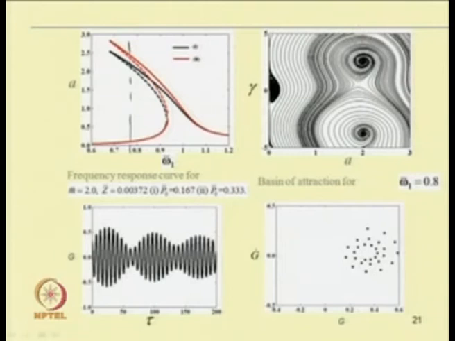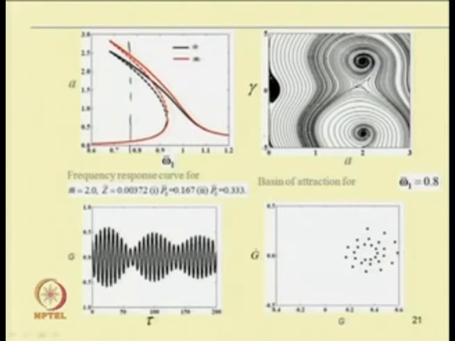Corresponding to A equal to 2, we have one equilibrium position, at this value of gamma. Similarly, this is also an equilibrium point, with A equal to 2, and one can also see that this point is another equilibrium point, but this equilibrium point is unstable.